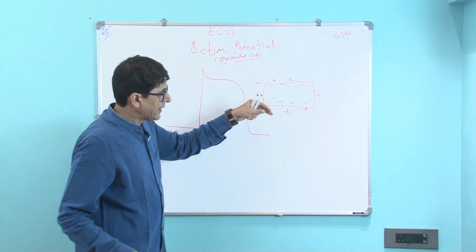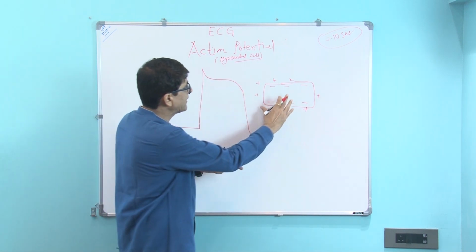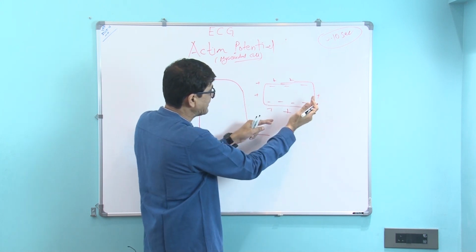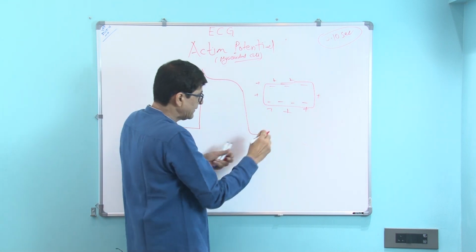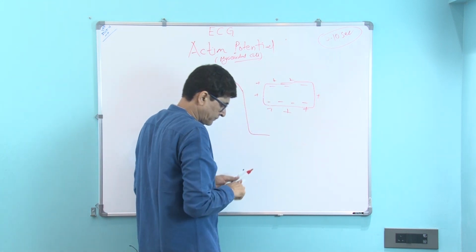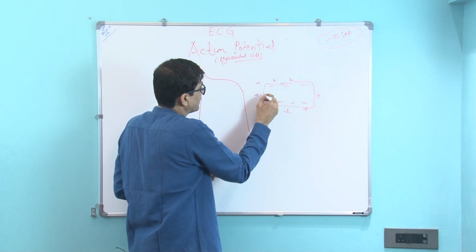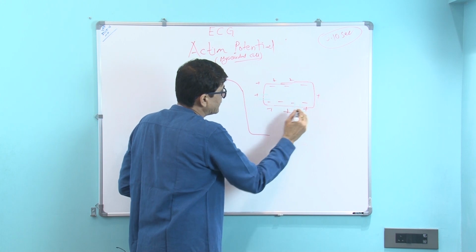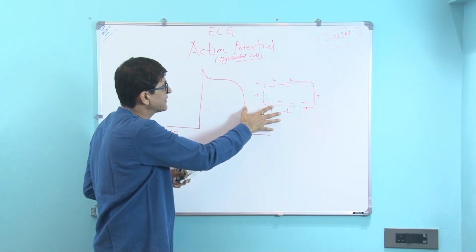When an action potential takes place, there is a brief change in the voltage across the membrane, and then there are ions which enter inside. I am just randomly drawing to make you understand.